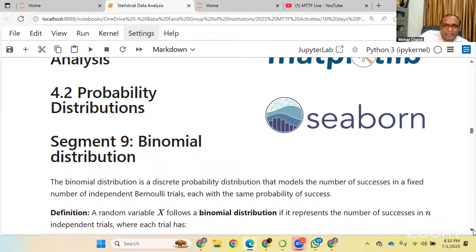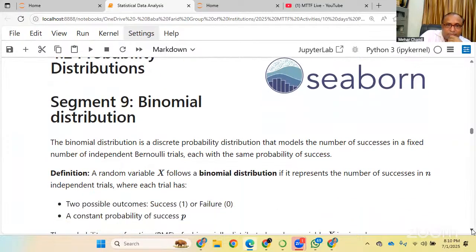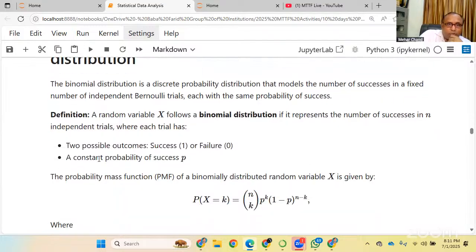Here is the definition: a random variable X follows the binomial distribution if it represents the number of successes in n independent trials, where each trial has two possible outcomes, success or failure, and the constant probability of success is p.